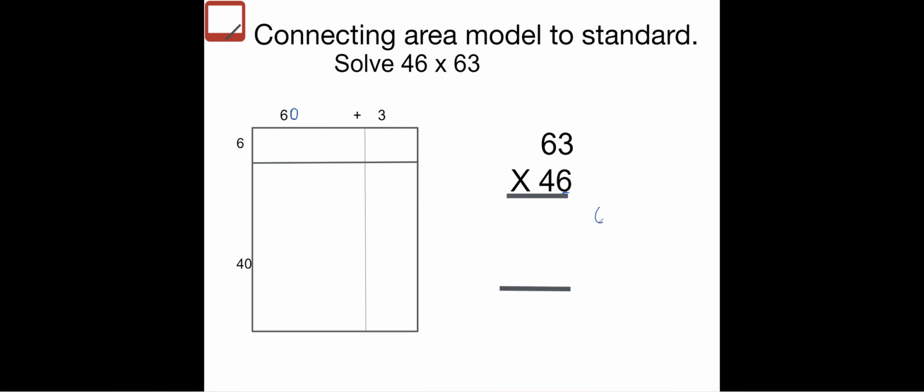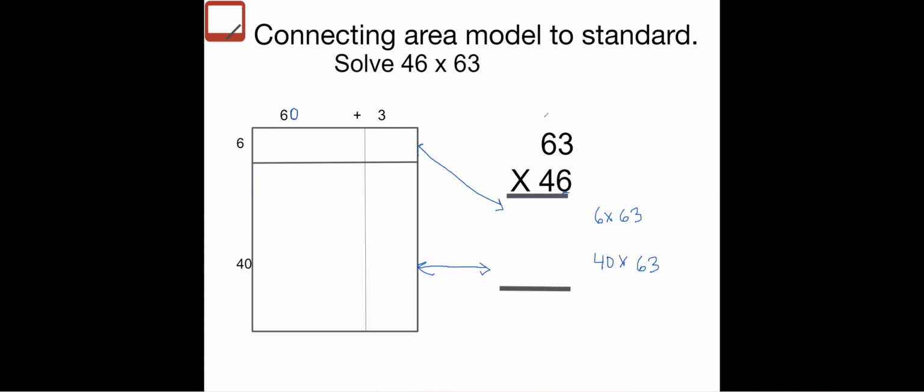So 6 times 63. And then 40 times 63. Because that matches here. And that matches what would be here, 63, 6 plus 3, 60.